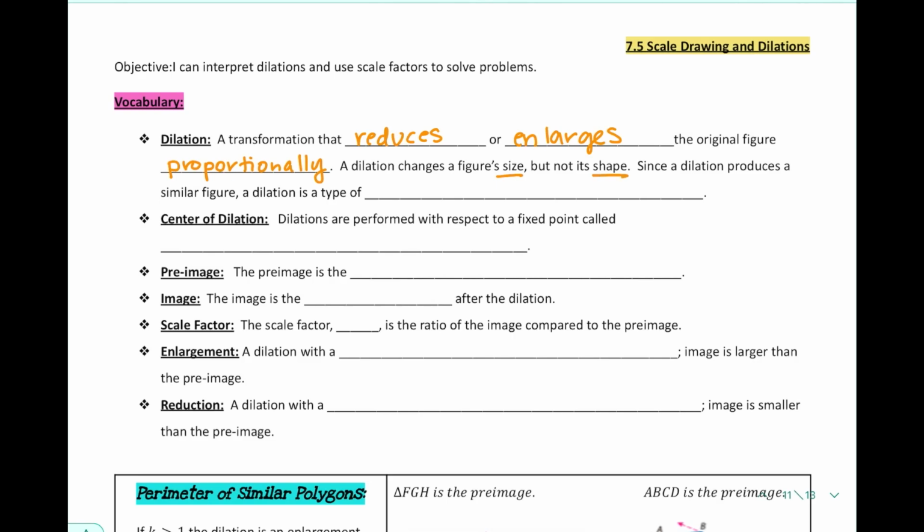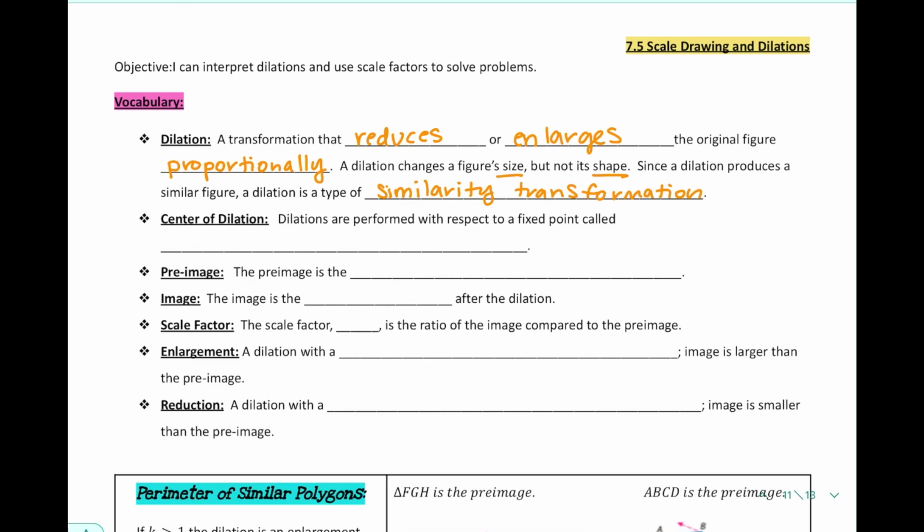Since a dilation produces a similar figure, a dilation is a type of similarity transformation. So again, that is why it was also part of our transformations unit, because it is an example of one. But it's similar, not congruence.